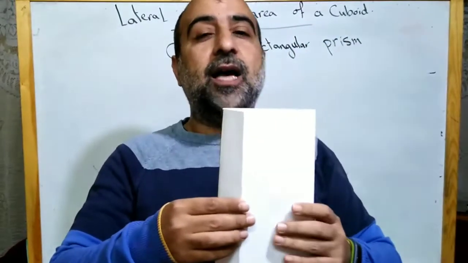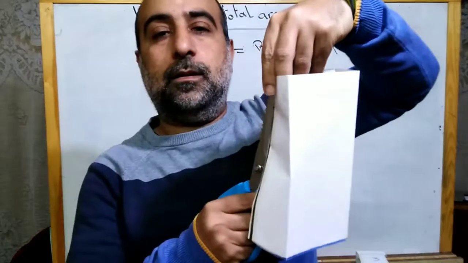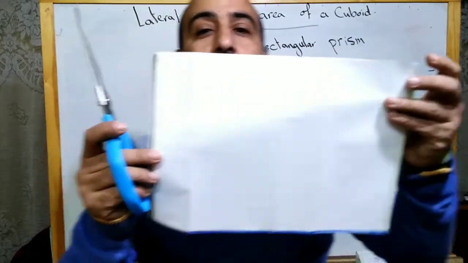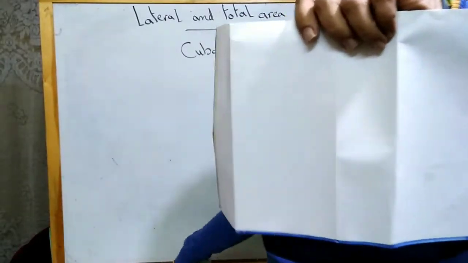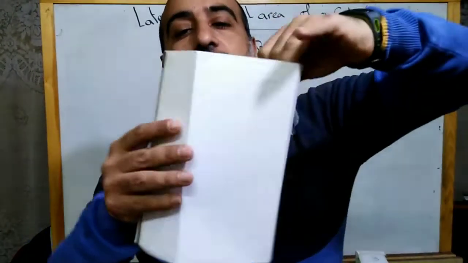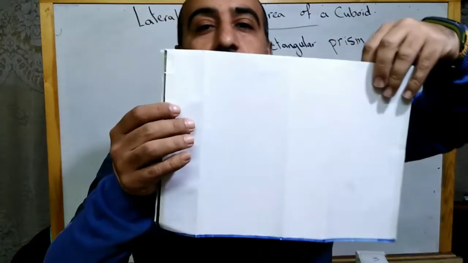So if I just cut this side just like that, now what I got is a rectangle. So I converted the lateral area of the cuboid into a rectangle.